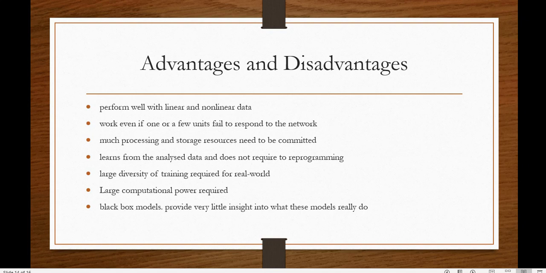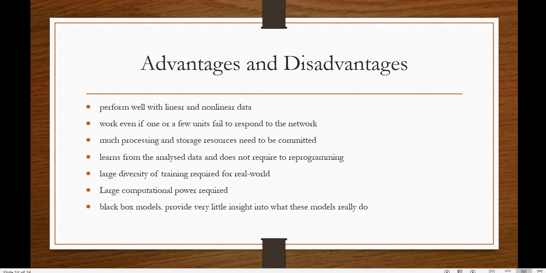Those are the things you have to supply. Otherwise you should not go for ANN. Otherwise the network cannot be completely trained to be helpful for you to test on the data that you are supplying. So processing power and storage resources are very crucial for the working of the ANN.